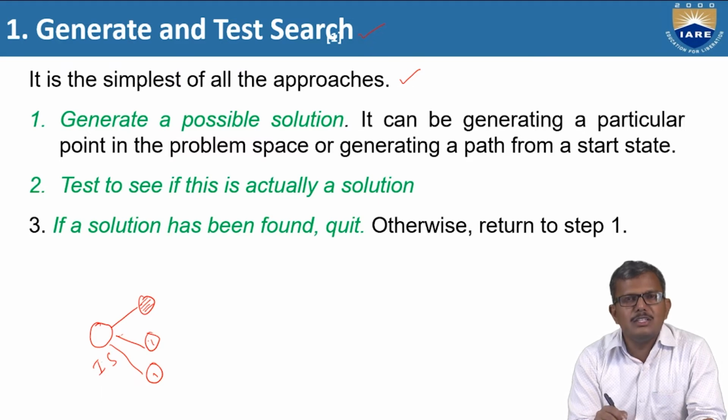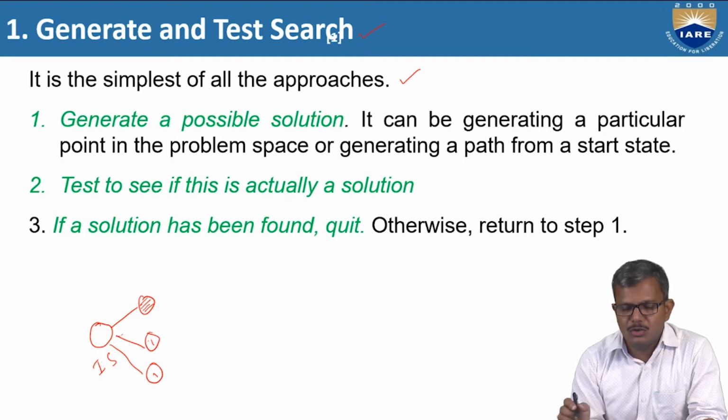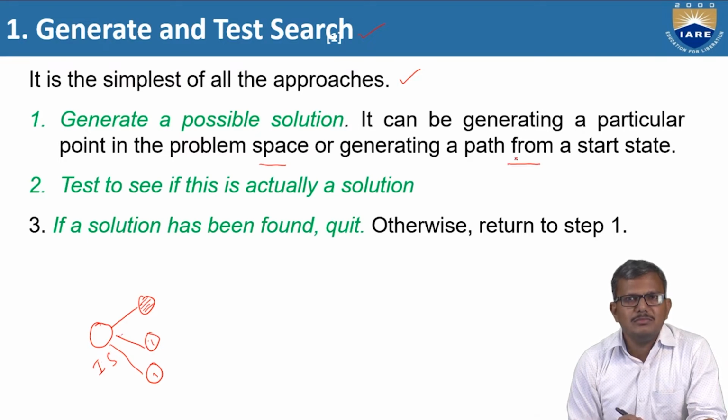It is going to be implemented in 3 different steps. The first step is to generate a possible solution. It can be generating a particular point in the problem space or generating a path from the starting state. So first of all, we need to start from one node.